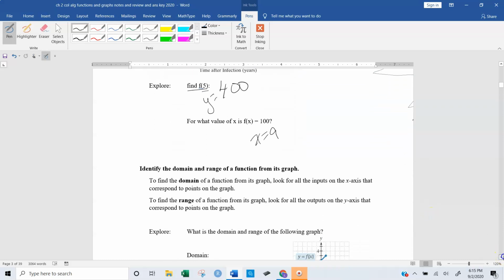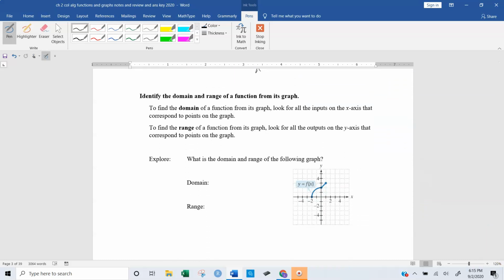Nothing too complicated here. Domain of a function from its graph, and then you have to look at its points. Now remember, domain is all the x's, range is all the y's. So when I say what's the domain, I'm looking from where this graph starts on the x-axis to where this graph ends, on the x-axis.